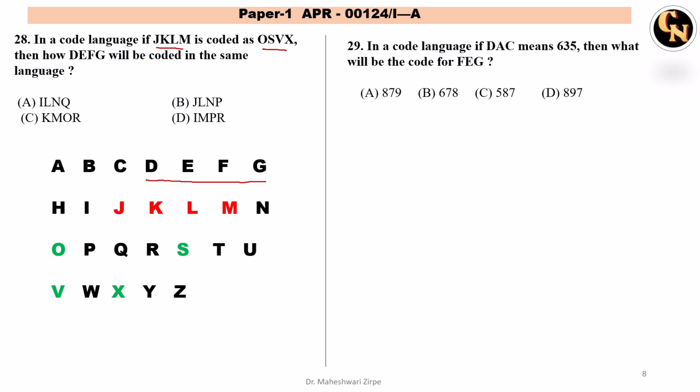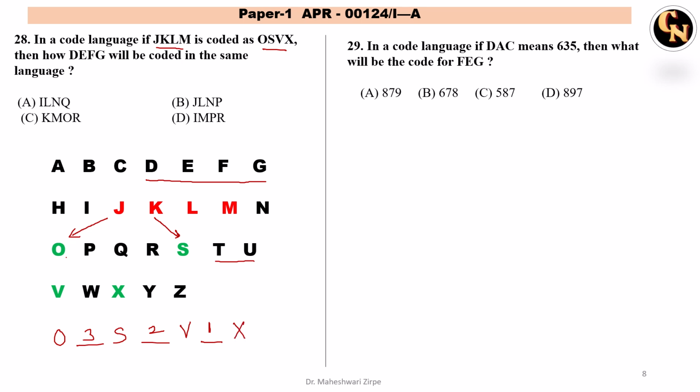J is coded as O, K is coded as S. From O to S, there is a difference of 3 letters, then S is there. Then from S to T, the next letter, there is a difference of 2 letters, then V is there. Then there is a 1 letter difference, and then X is there.